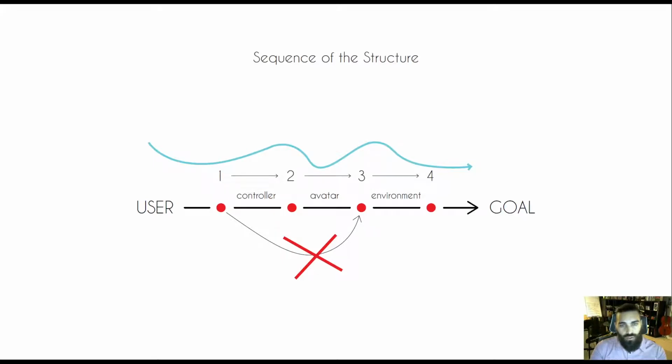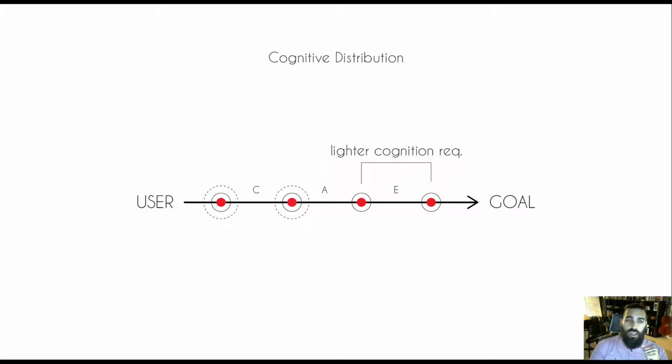So there really needs to be a sequence followed to permit that cognitive flow. And all of this permits us not only to passively understand how cognition is being distributed, but it's also given us the tools to actively distribute that cognition and design that distribution.